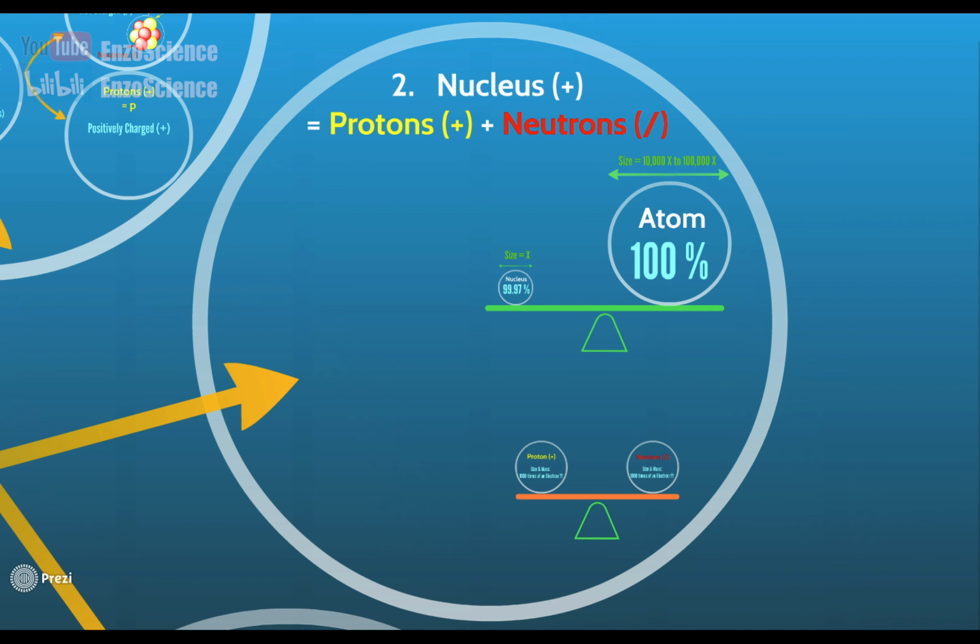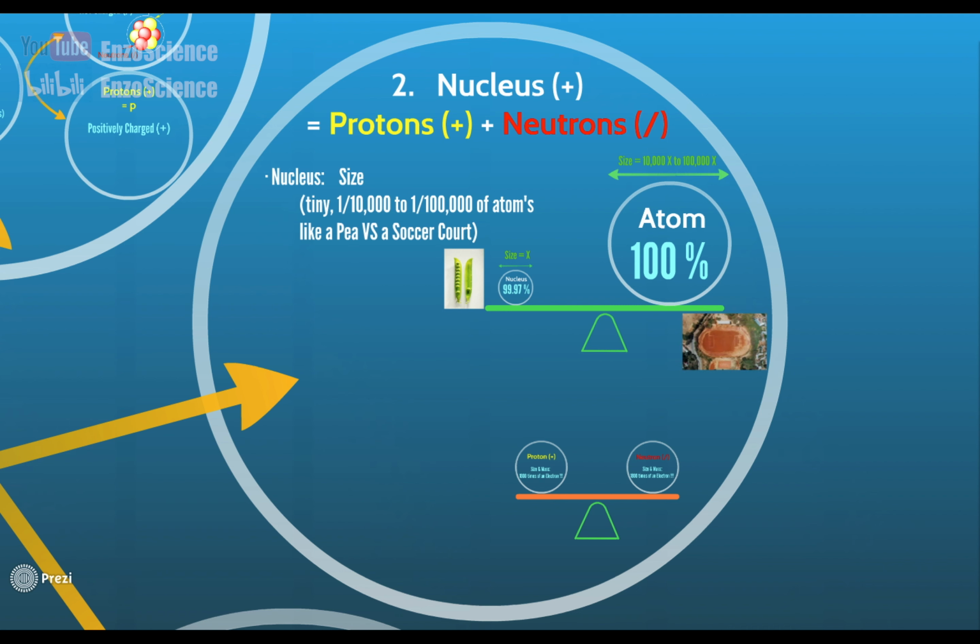By way of analogy, if we use a P to represent a nucleus, then an atom could be represented by a soccer court, which means the latter is 10 to 100 thousand times larger than the former. But as to mass, they are almost equal. In fact, a nucleus may contribute to 99.97% of an atom's mass.